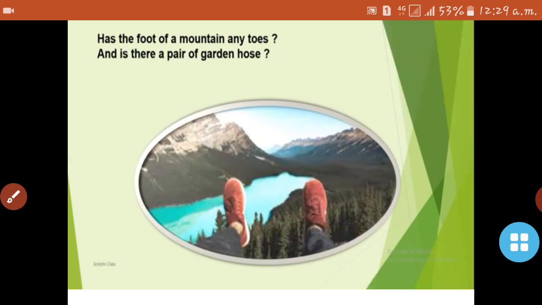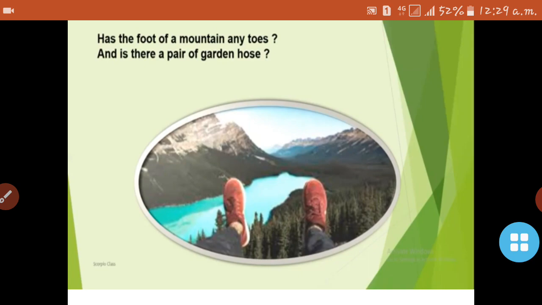So the poem writer is asking, have you ever seen that a mountain is having any toe? Which is impossible. Have you ever seen that mountains have toes and fingers, right? That imagination is making fun in the poem.